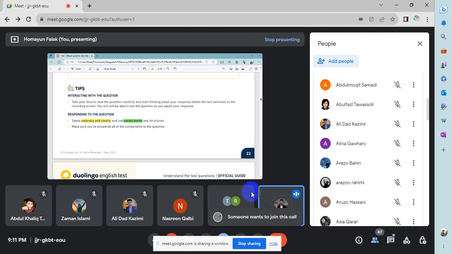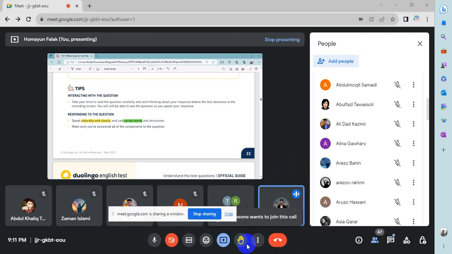Just do it beforehand. And let me tell you, I suggest all of you to memorize the AWL. AWL means academic word list. Just Google it. Write in Google academic word list PDF, and they will provide you a PDF. There are a lot of academic words that will help you in TOEFL, in Duolingo, and in IELTS.